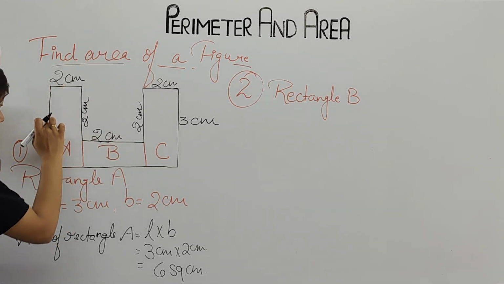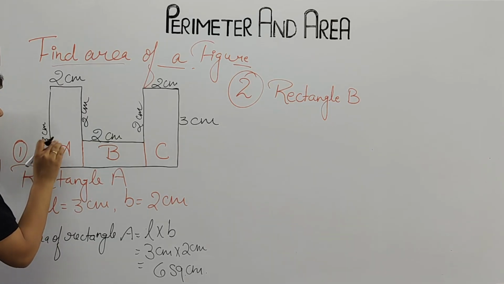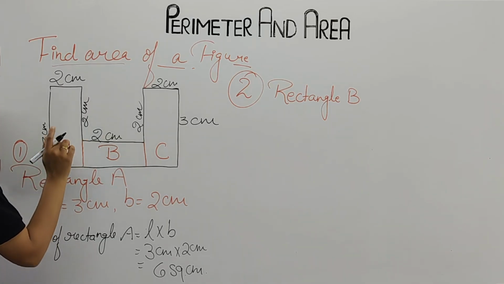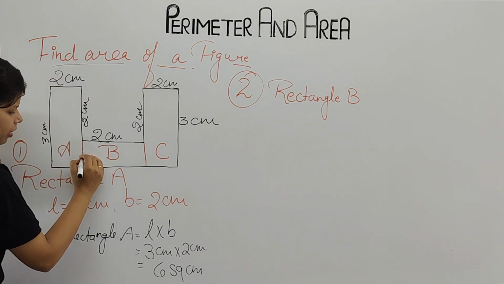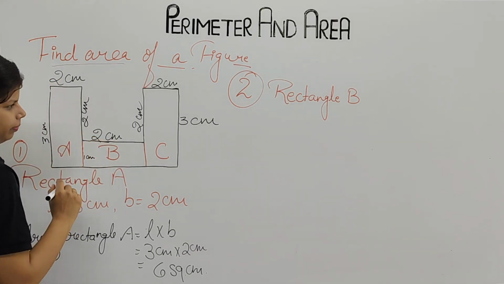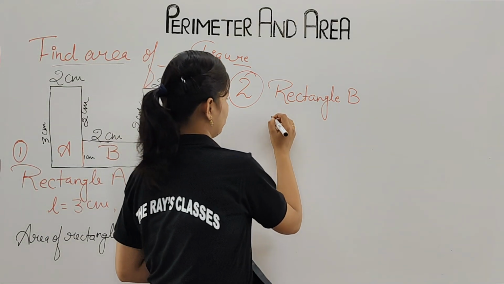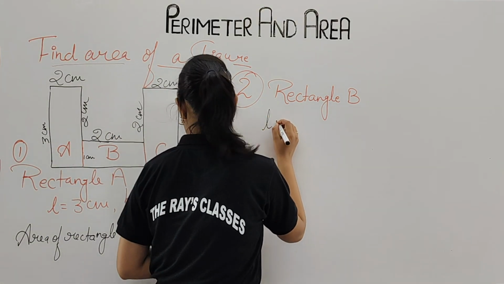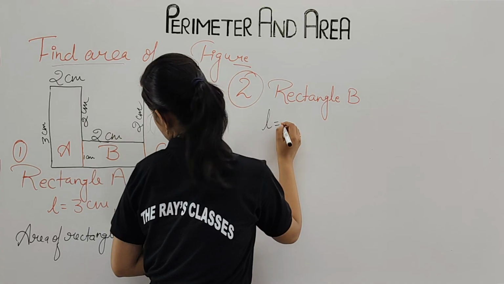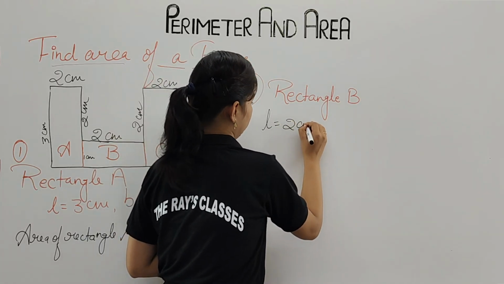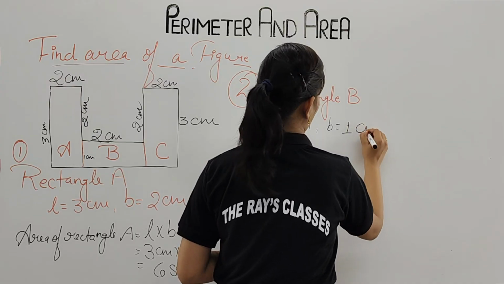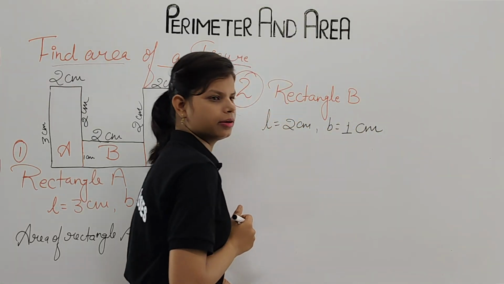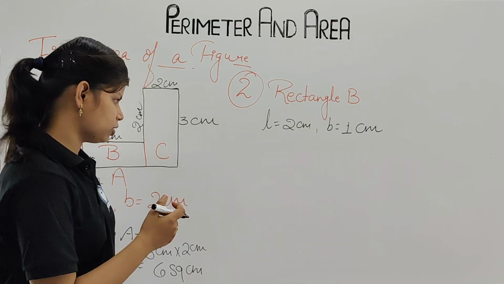Now you can see the total length of this figure is 3 centimeter. So half of this is what? 1. Now from here to here 2. And then here we have around 1 centimeter. For rectangle B you have length equal to 2 centimeter and breadth equal to 1 centimeter. Clear? For this figure you have this one only.